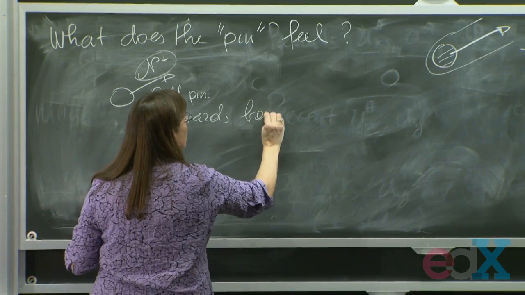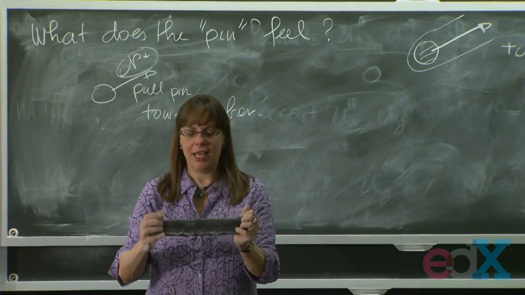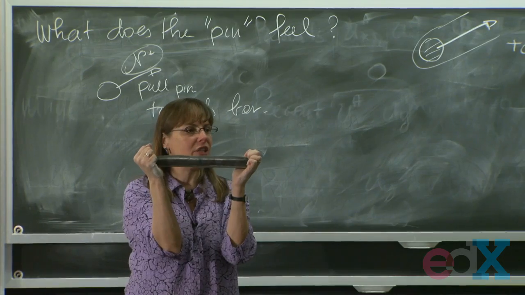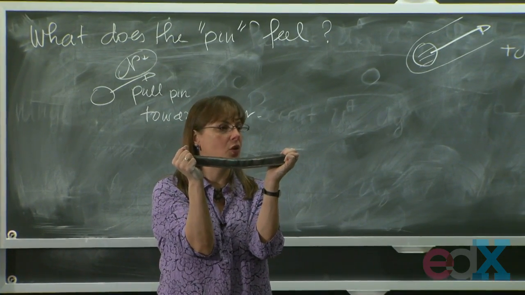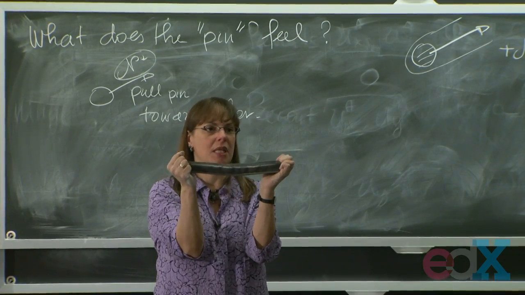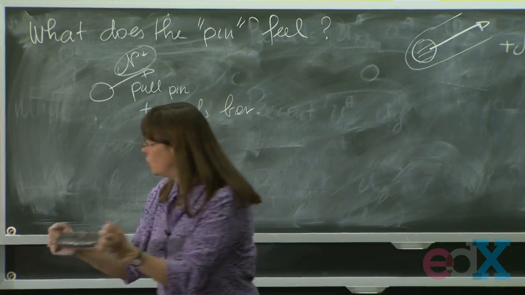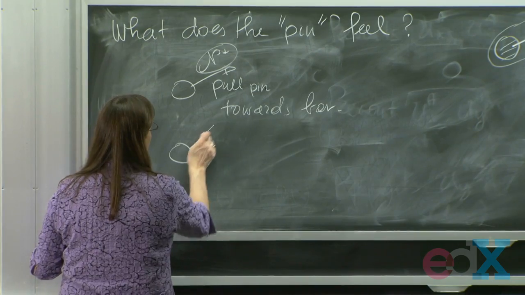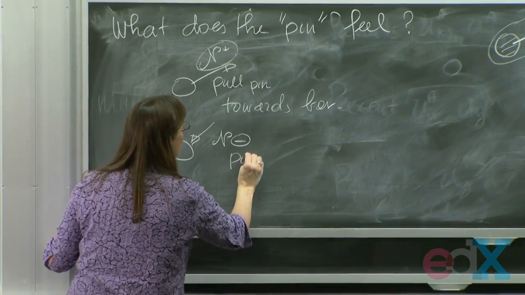You can kind of see that if my bar feels compressed, imagine these are your hands, you feel pushed by the bar. So a negative N means that the bar pushes on the pins, right? So N negative pushes the pin.